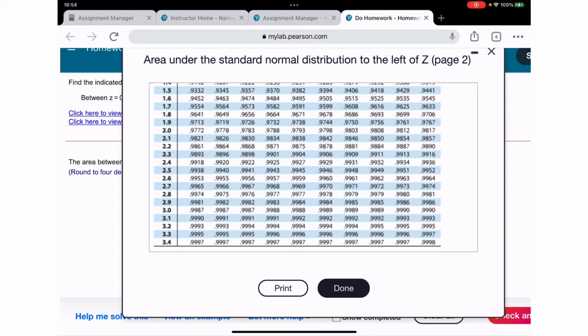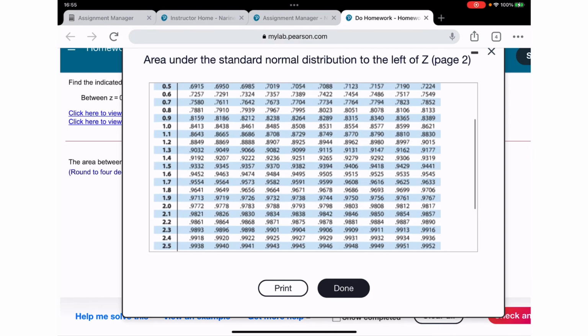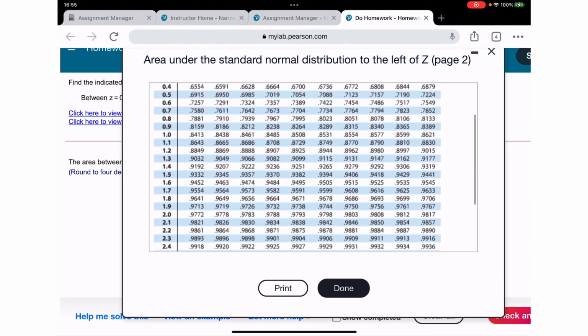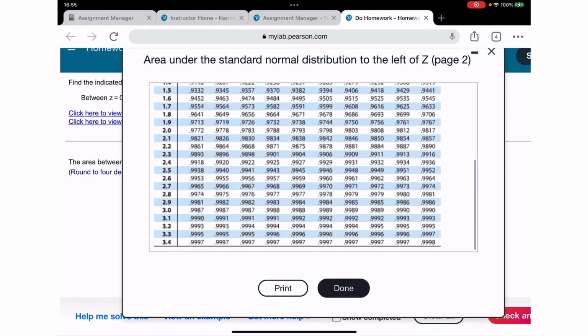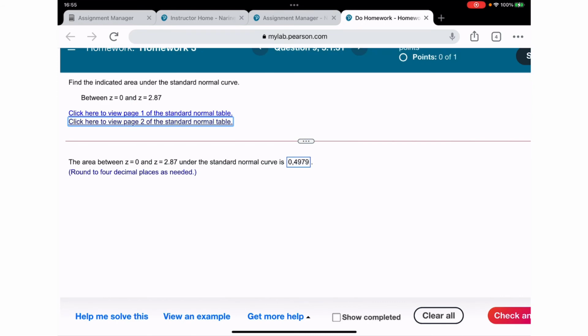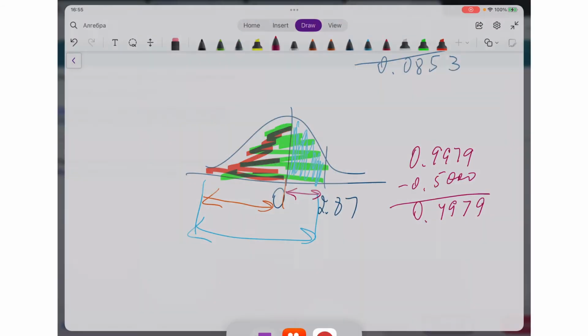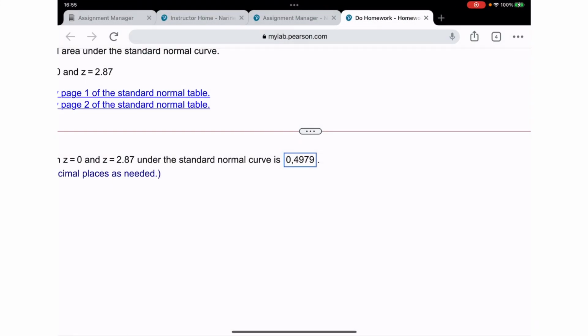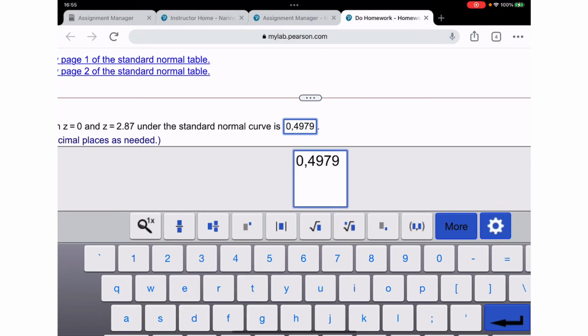I'm kind of in a hurry. 8 and 87. The 7 is the third column, 987. Okay. So 2.87, it's 9979, and 0 is 0.5. Well, that's okay. So we are doing everything right. 9979 minus 0.5, 4979. Well, it's a decimal, not a point, not a comma.